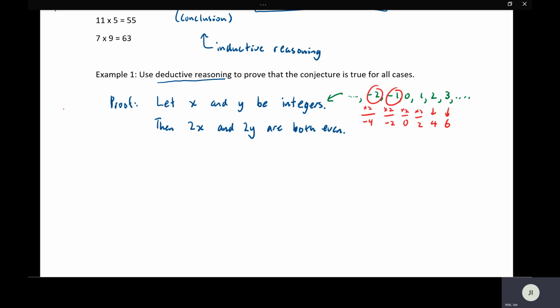So as soon as I take any integer multiplied by 2, 2 times x and 2 times y both have to be even.